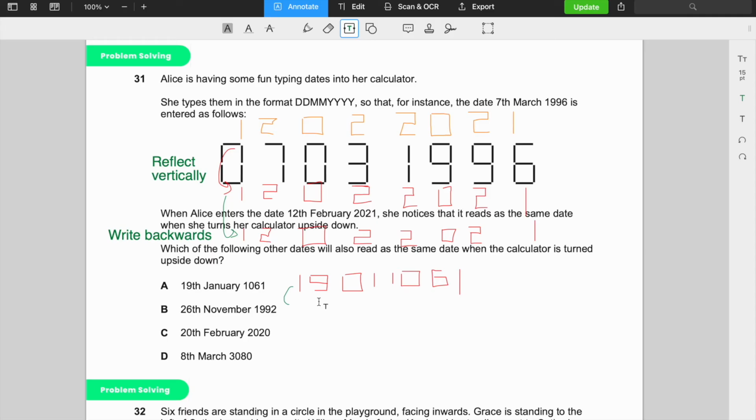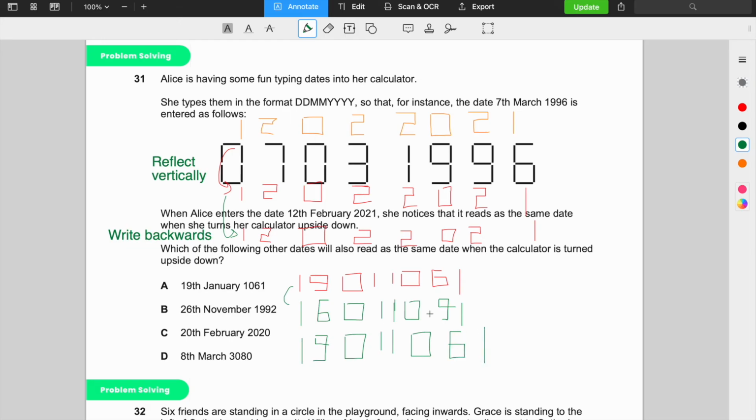If you reflect vertically, you'll get 16011091, and then after you write it backwards, you'll get 19011061, which is pretty much what we want, for the date to read the exact same as it was upside down.